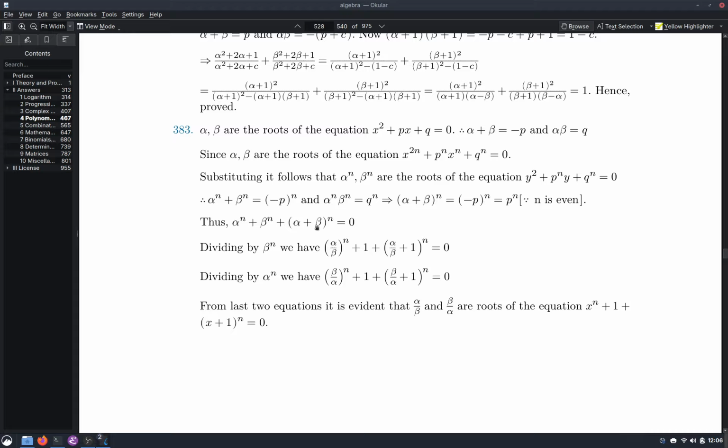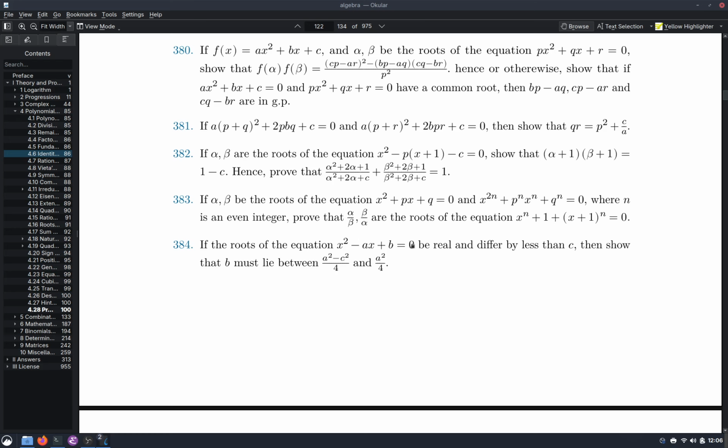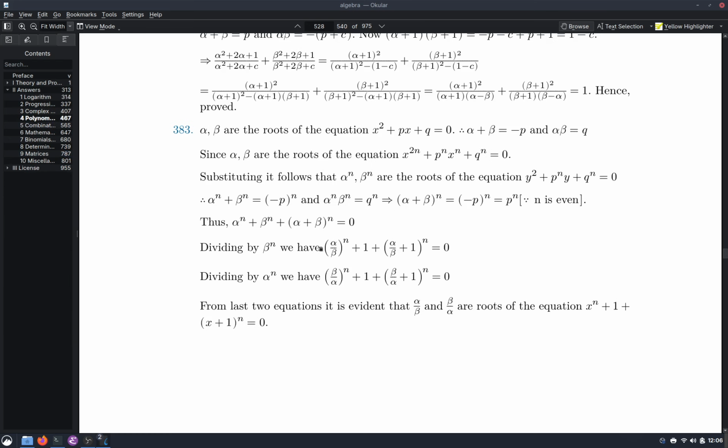Now what we have to find is x to the power n plus 1. So what we do is we take alpha to the power n plus beta to the power n plus alpha plus beta to the power n. That's what we compute. Now this would be minus p to the power n. This won't be positive. Okay.